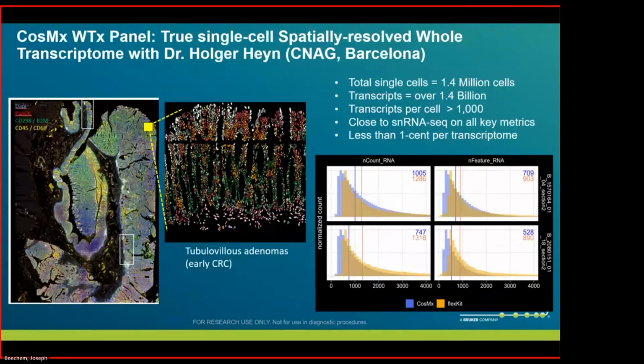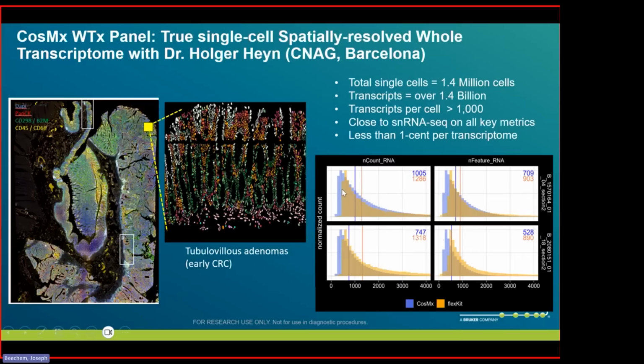And then I like this one a lot. This is early colorectal cancer called tubulovillous adenomas. And we have whole transcriptome images with serial sections of single nuclei RNA-seq back to back.